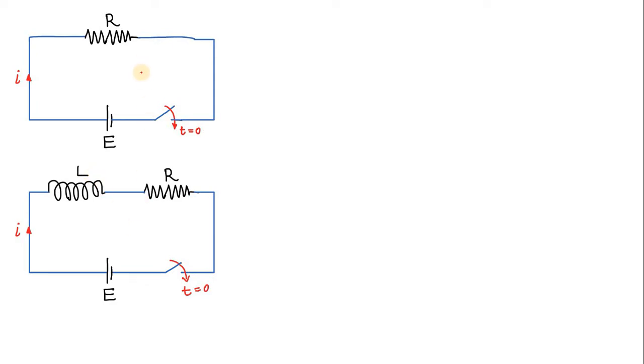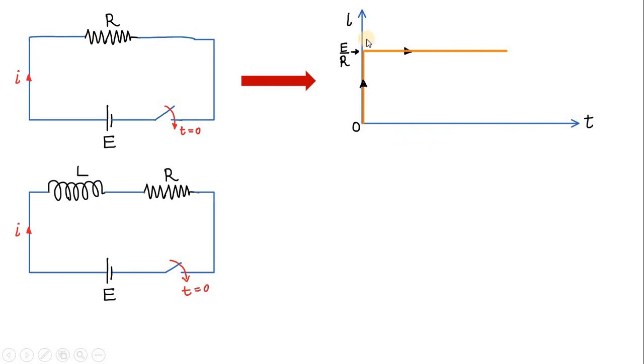In the first circuit, as we only have a resistance, as soon as you close this switch at time t equal to 0, the current in the circuit will begin to flow immediately, which can be shown in a graph like this. Look at the current-time graph. Time is plotted on the x-axis, current on the y-axis.